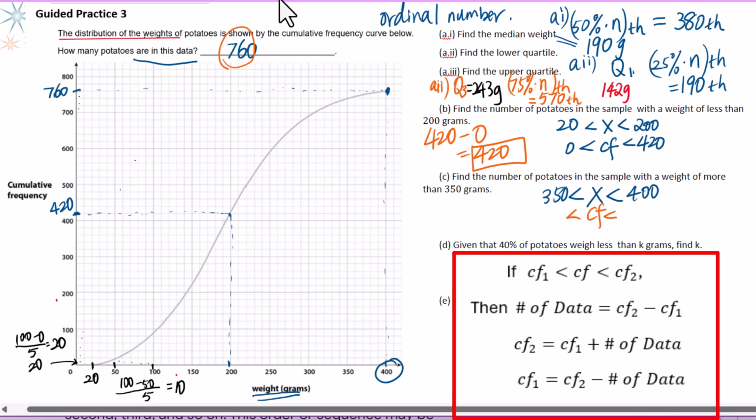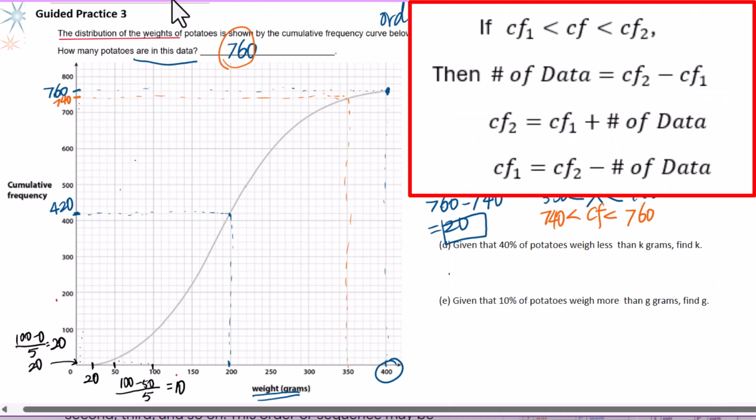For 400, the corresponding cumulative frequency is 760. For 350, this is 350, then the horizontal value. It's here, 740. Then 760 minus 740 is the number of potatoes whose weight is more than 350 grams.